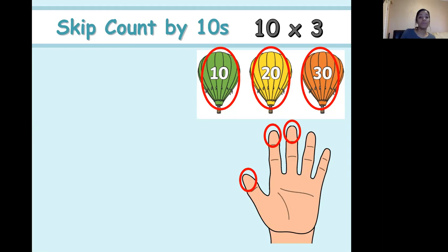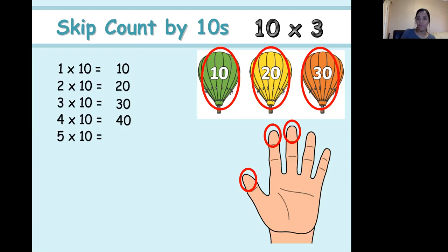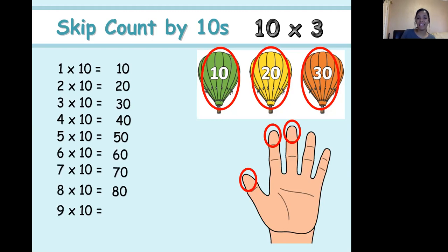Well done. So it's the same thing. We can go ahead and practice again. 1 times 10 is 10, 20, 30, 40, 50, 60, 70, 80, 90, 100, okay? So all you are doing is going up by tens.